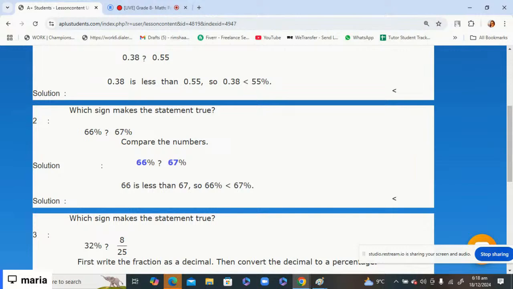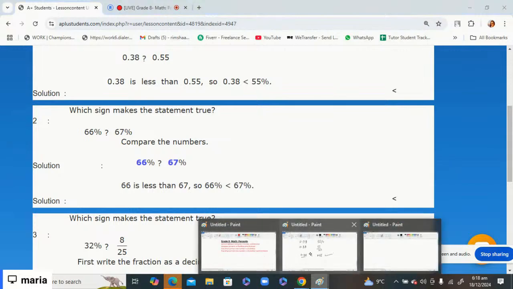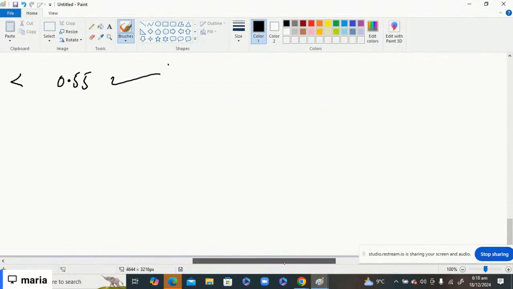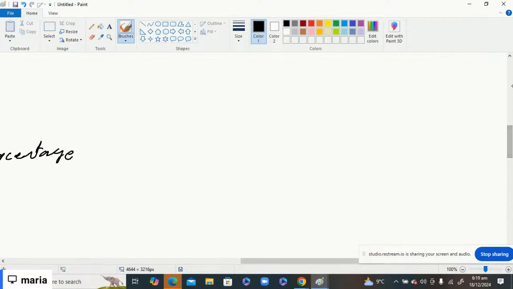Let's check. 32%, you're gonna solve it. Okay, 32% or 8 by 25.